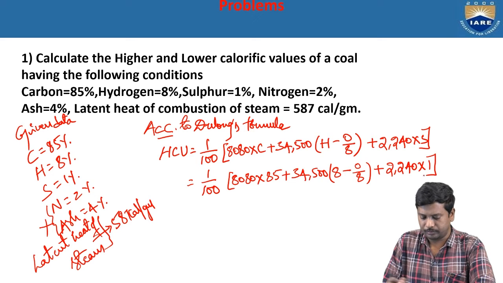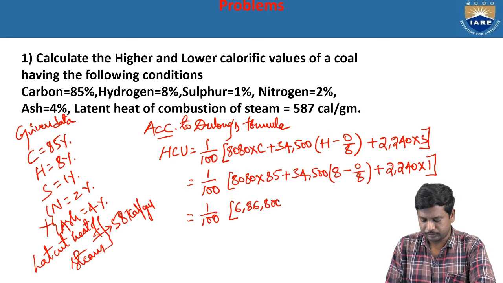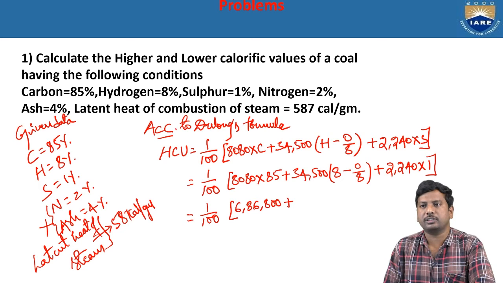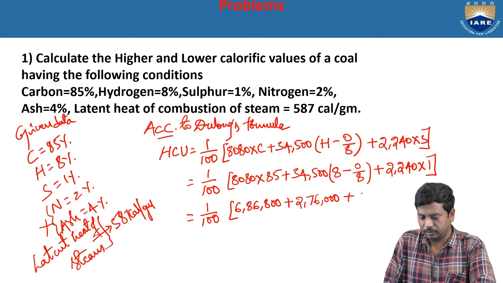So finally you get 1 by 100 into 880 into 85, which is 6,86,800. And solve this equation. 0 by 8 is 0, and 34,500 multiplied by 8 gives 2,76,000. Plus 2,240 into 1, which is the same answer, 2,240.